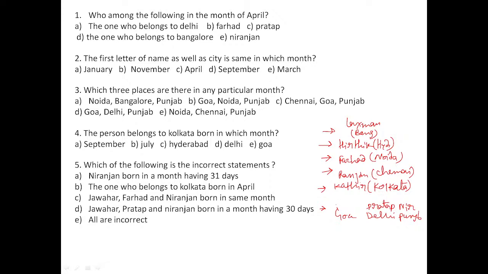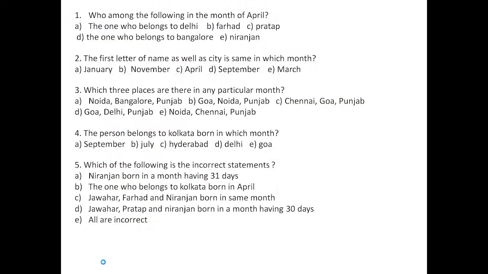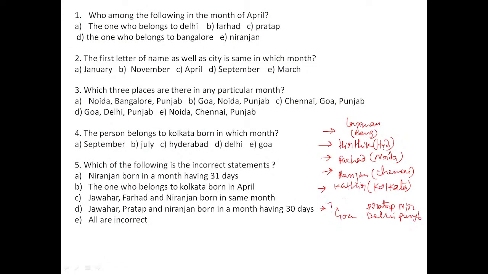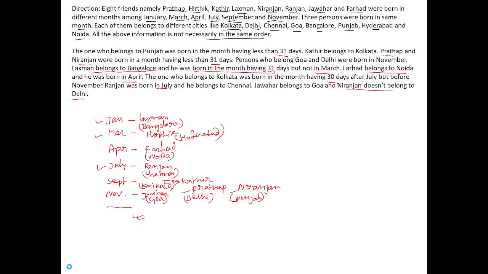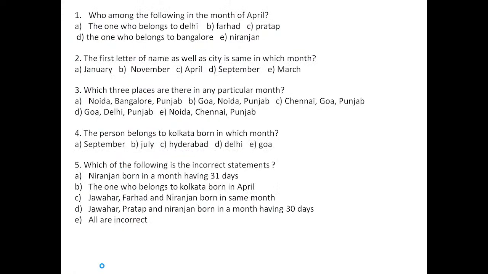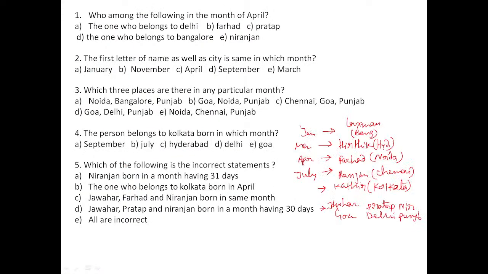And Goa is for whom? Johor. Right? Now this is January, this is March, this is April, and then July, September, November.